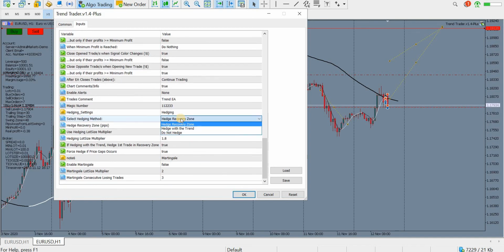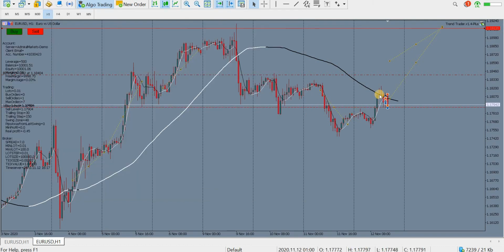Another option for the expert advisor is to determine the trend. I'm stuck with the trend in my head: to hedge is to hedge with the trend.